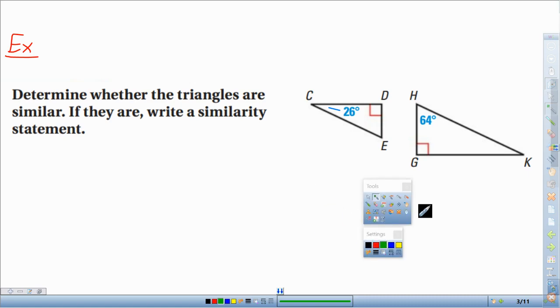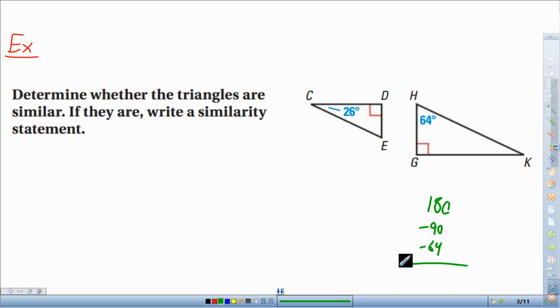So if you want to show yourself in your notes, that's all we're going to do here. 180, I'm going to subtract 90, subtract 64, and see what I get. Let me do it real quick. And it looks like I'm getting 26. So I just figured out that this is, in fact, 26 degrees right here.